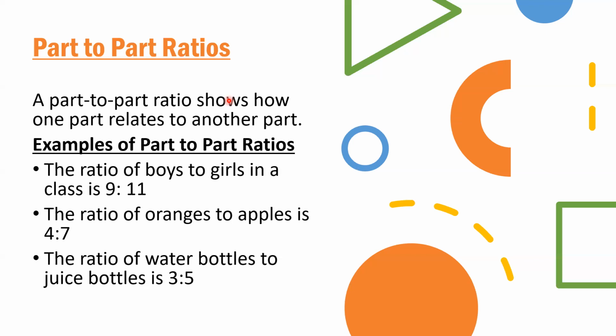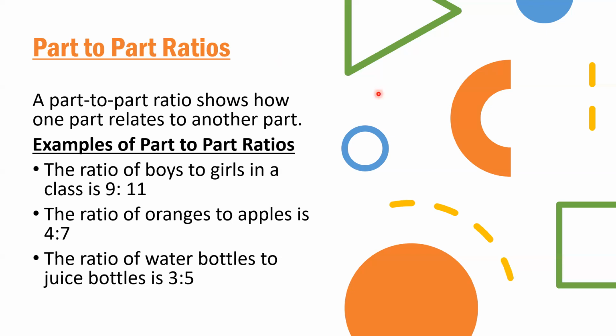Those things are one part relative to the other part, right? That's part to part, not one thing relative to the whole thing, okay? So part to part ratio shows how one part of the ratio relates or is compared to the other part of the ratio. So please write down this slide for me, please.